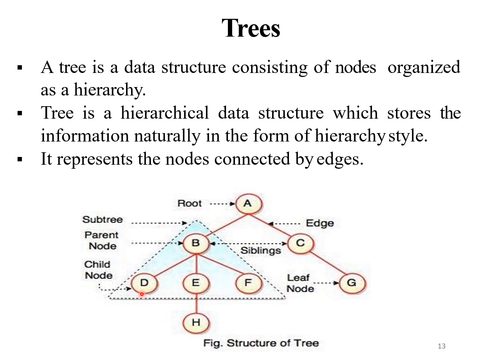D has to go through B, and then B contacts the CEO. Okay, all of you clear this? Tree is a non-linear, hierarchical data structure, and nodes are connected by edges.